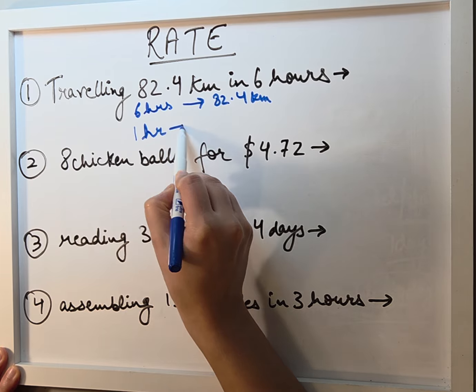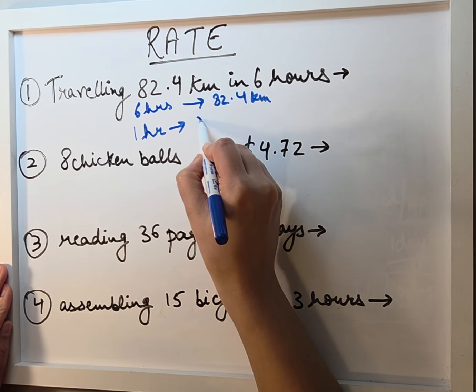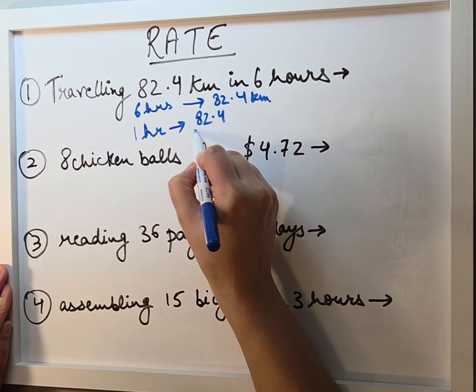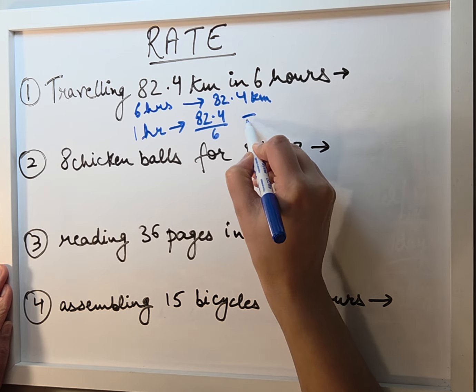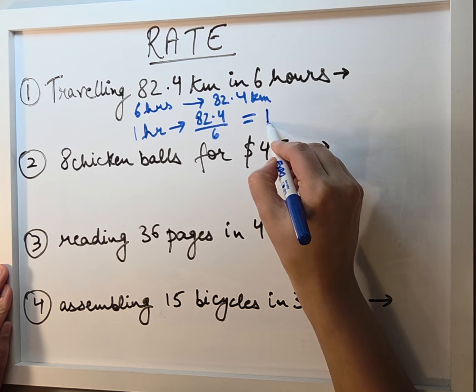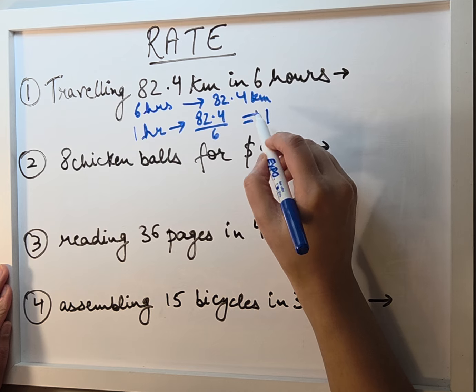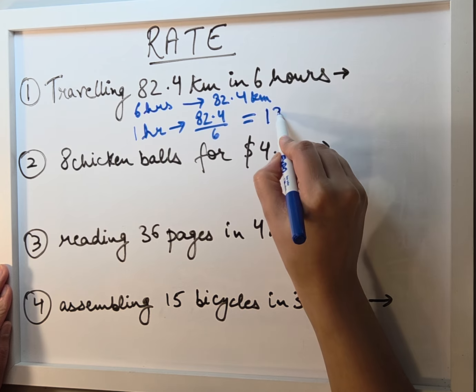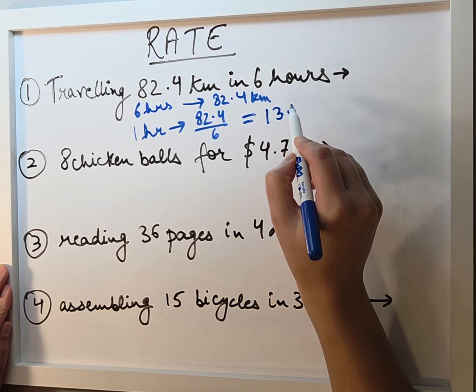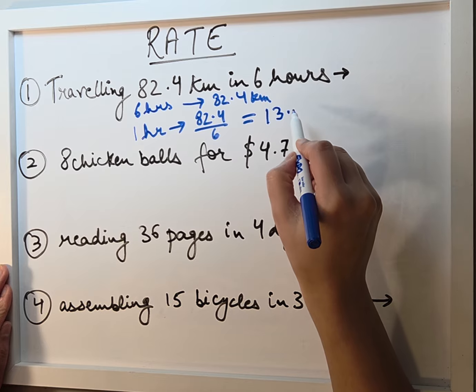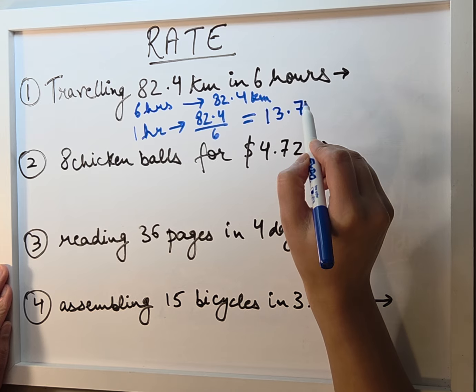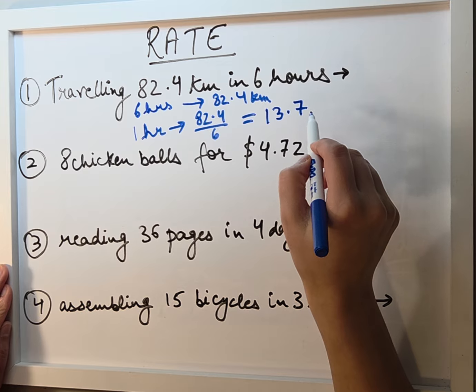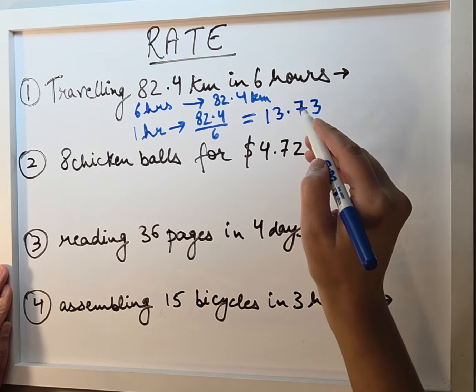In 1 hour, what do we have to do? Divide 82.4 by 6. So what does that give us? 6 ones are 6. Then we have 22, 6 threes are 18. Then 44, 6 sevens are 42, and then we get 3.